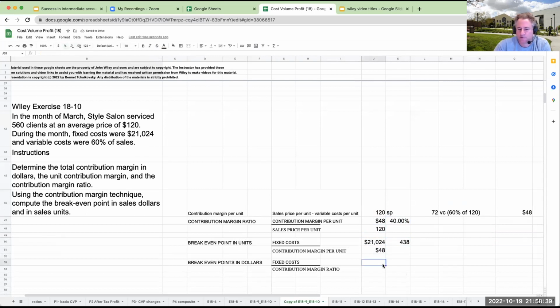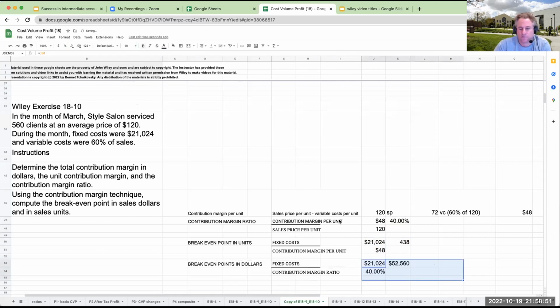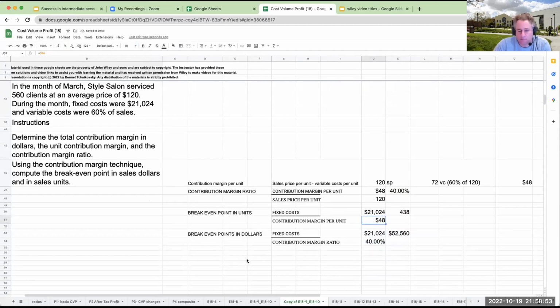Okay, so break-even point in sales dollars: fixed cost divided by my contribution margin ratio. I divide this over and I get 52,560.